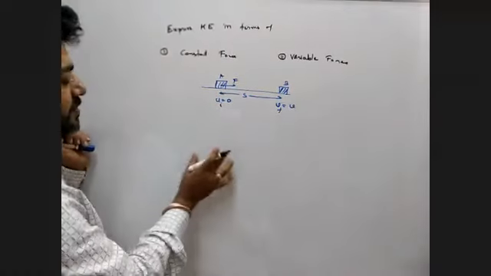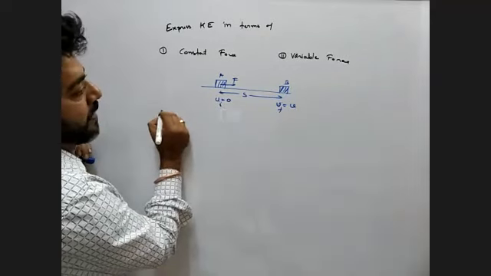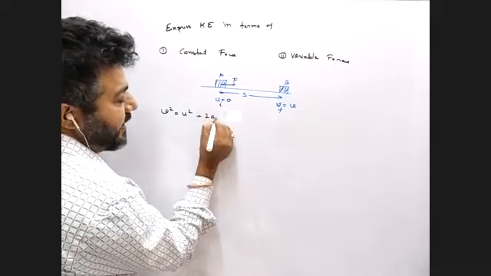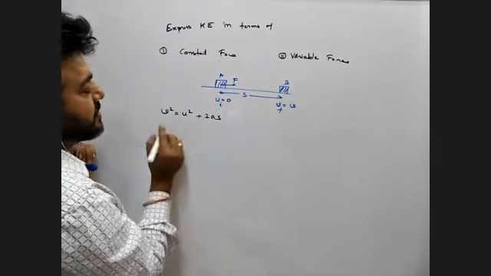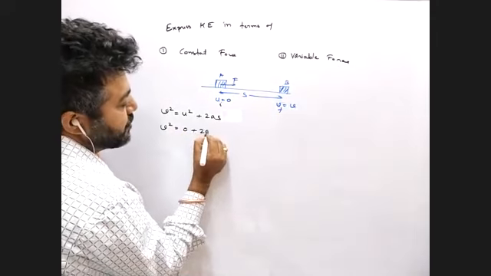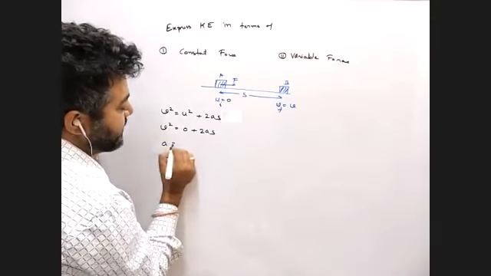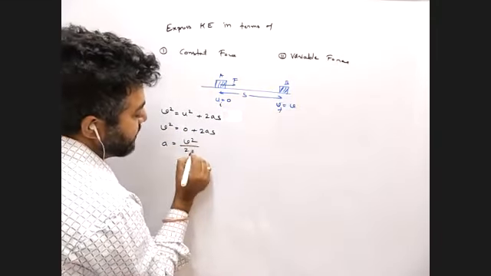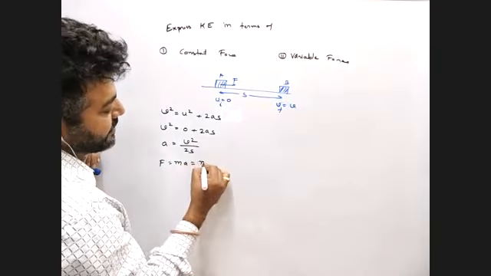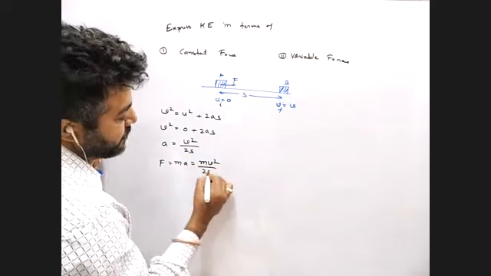First, when the force is constant, we know v squared equals u squared plus 2as. Initial velocity is 0. So v squared equals 0 plus 2as. So acceleration is v squared by 2s. Force is mass into acceleration, that is mv squared by 2s.